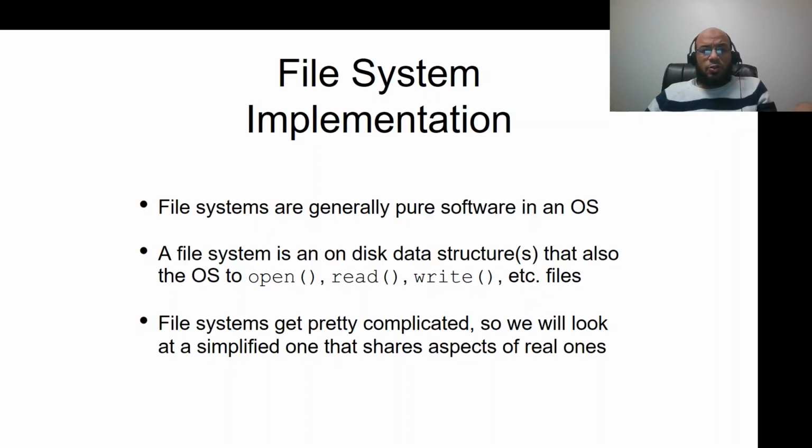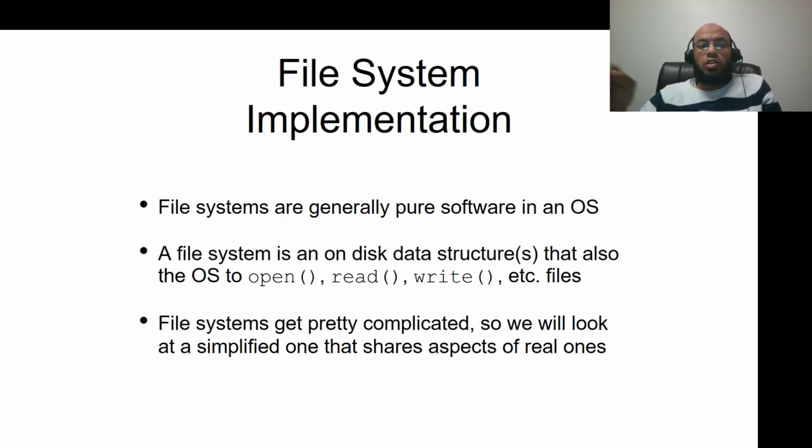File systems are generally pure software in an operating system. It's mostly implemented in software, although the hard disk can dictate some implementation details, the actual physical hardware can dictate some implementation details.